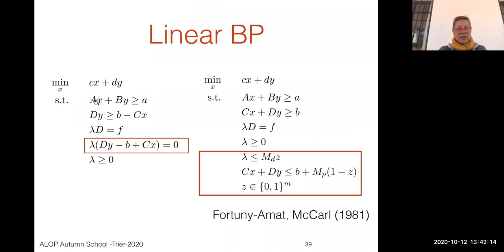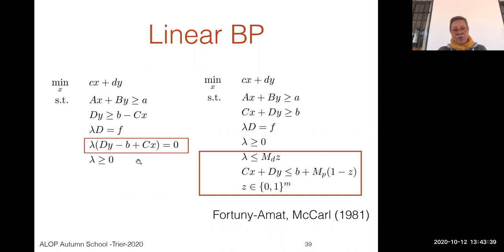You see the constraints of first and second level, the dual constraints of the second level, and the complementarity constraint. Now, you can reformulate this by using 0,1 variables in the following way. The idea is to use what we call big M's.